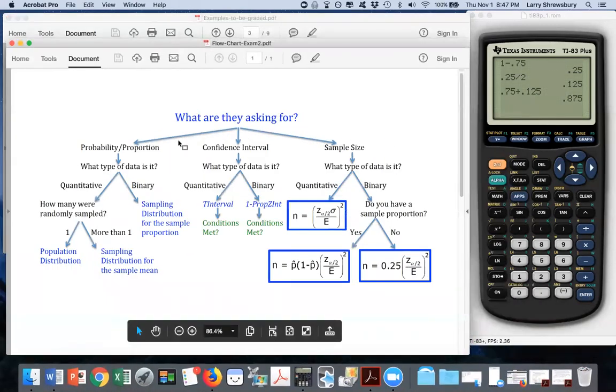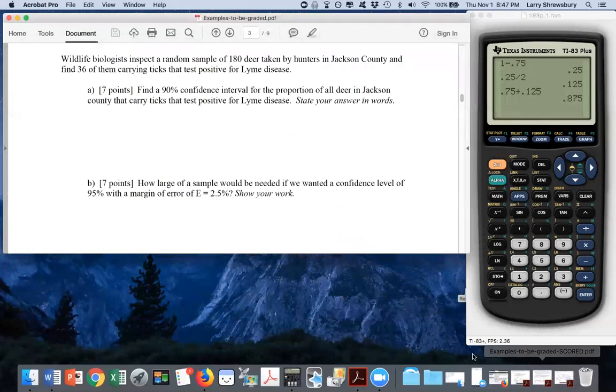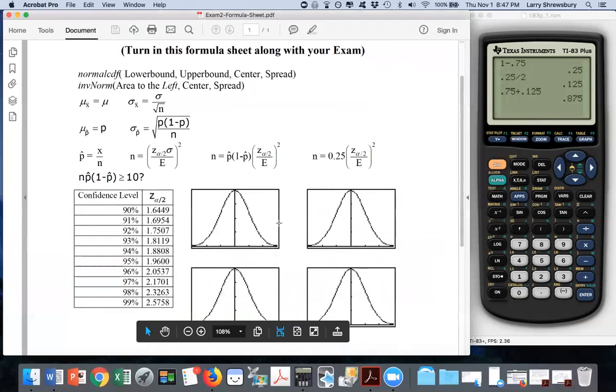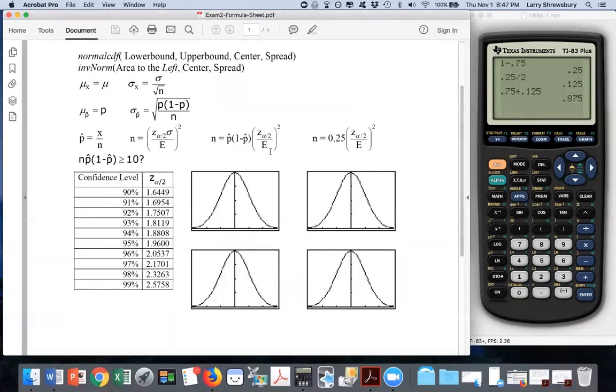And of course, you don't have to memorize the formula because you're going to have your formula sheet. You know that, oh, I'm going to use that one there. And you know what? I can just plug in the numbers because they'll give me the confidence level and I'll get my critical value, plug that in. They gave me the margin of error E. Now be careful. If it's binary data, they may give you margin of error E as a percentage.